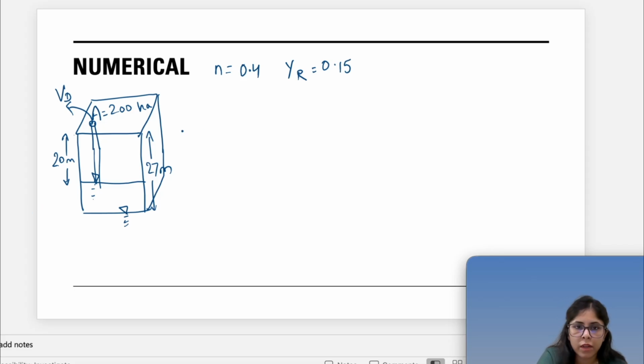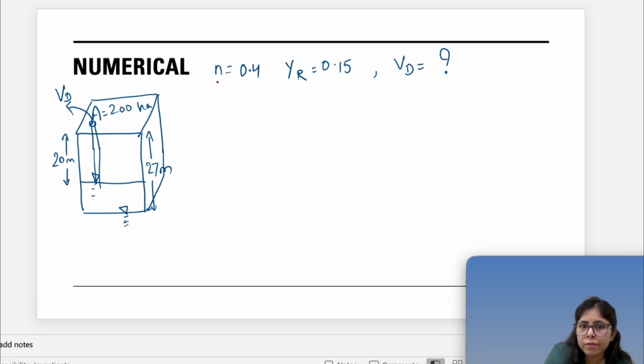Now we need to calculate what is Vd, how much volume we took out. These types of questions can come in your GATE exam or any other exam you are preparing for. Any competitive exam will have questions from these only. Now let's start.